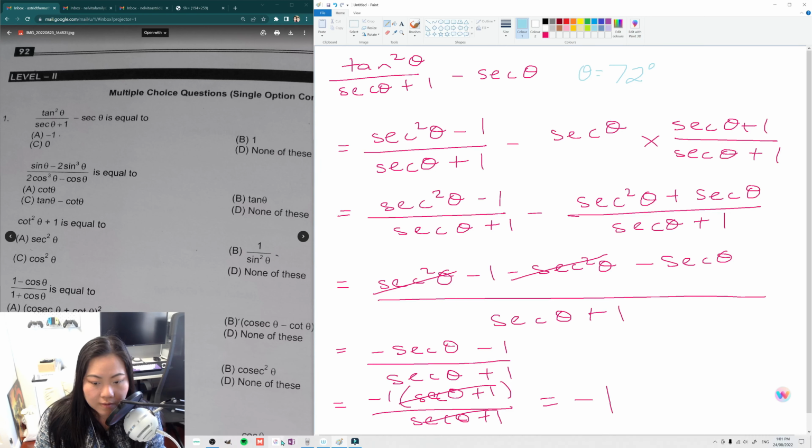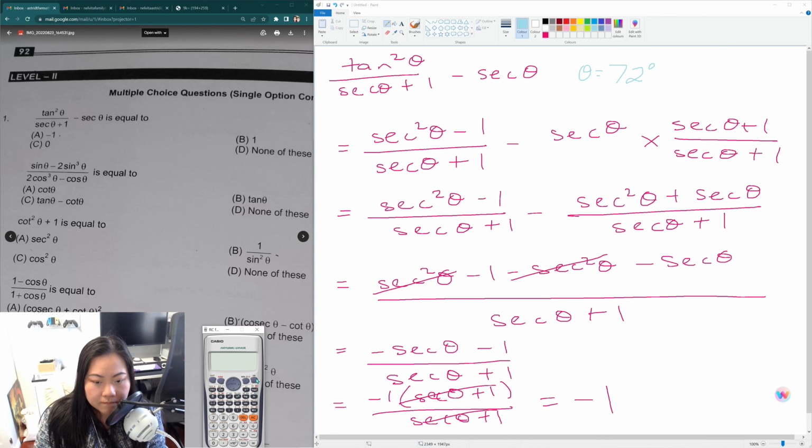So let's get our calculator and just substitute in theta for 72 degrees in the question and see what we get. We should get negative 1, but let's see.